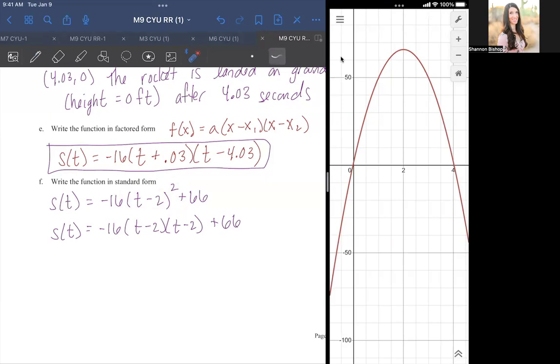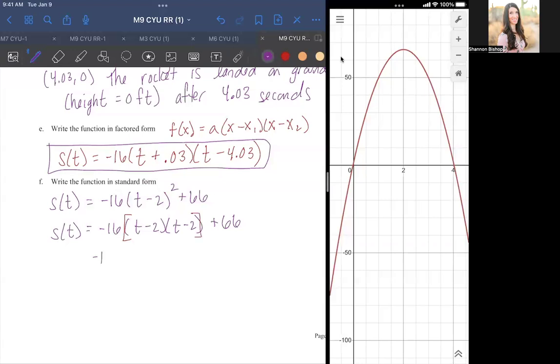You can either A, distribute the negative 16 into that quantity, or B, distribute out the two parentheses first. It doesn't matter. You just have to pick your poison and roll with it. I'm a creature of habit, and I like to distribute my double parentheses first. So that's where I'm going to start.